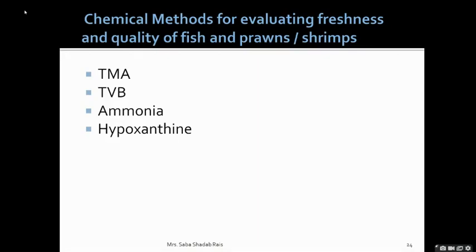So three types of tests we have learned for evaluating the freshness. The first is the organoleptic test. In the organoleptic test, we have learned that by appearance we can find whether the fish is fresh or stale.